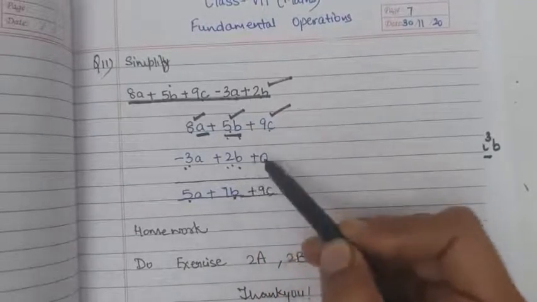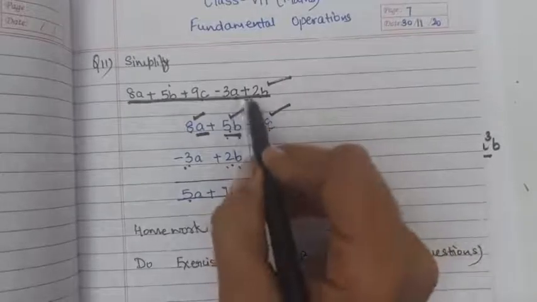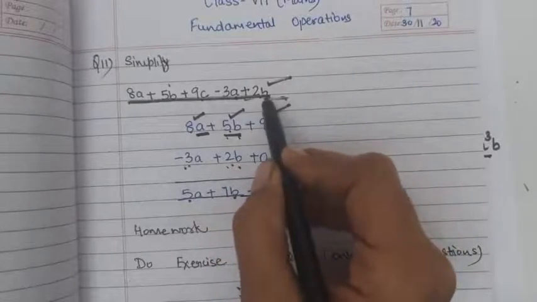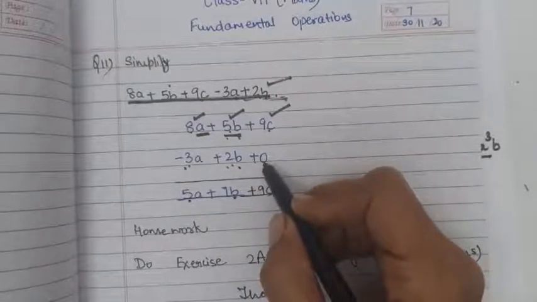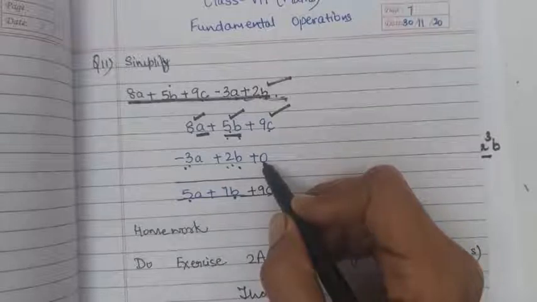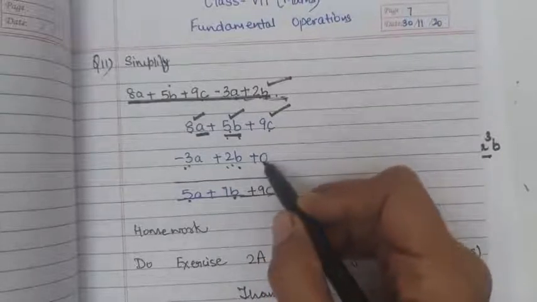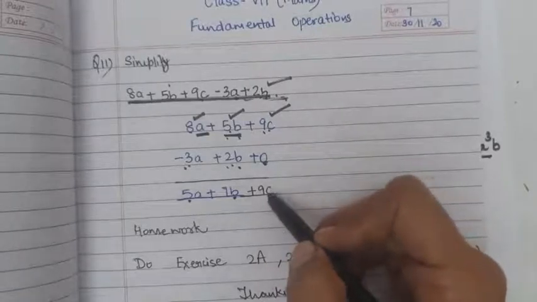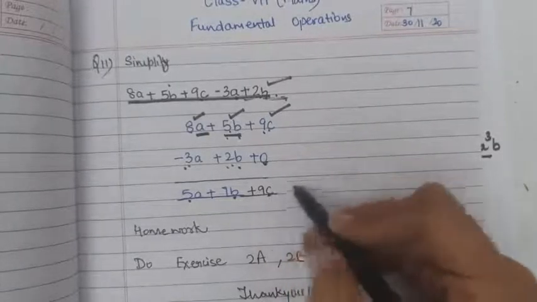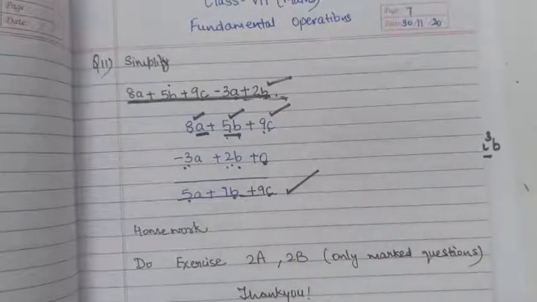And 9 plus 0, because there is no other term containing c, so I will write 0 here. Rather than leaving the space, you can simply put 0. So now 9c plus 0 gives you 9c. So this is your final answer.